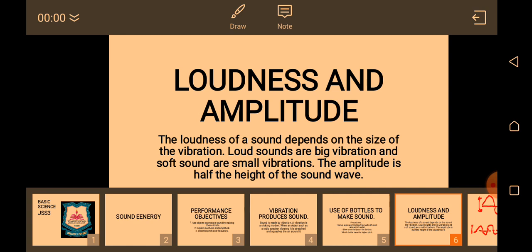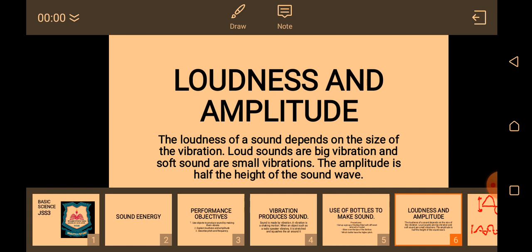If an object is shaking, that we said to be in vibration, and the sound close to it is on the louder side, that is when you will know that the size of the vibration is what we call the loudness.